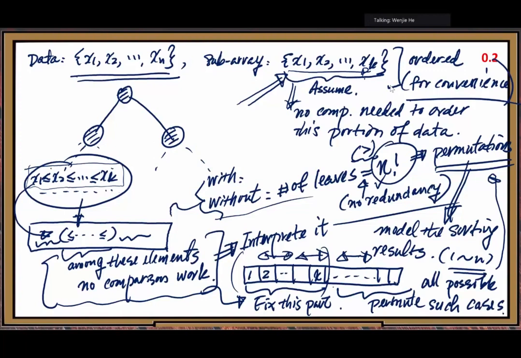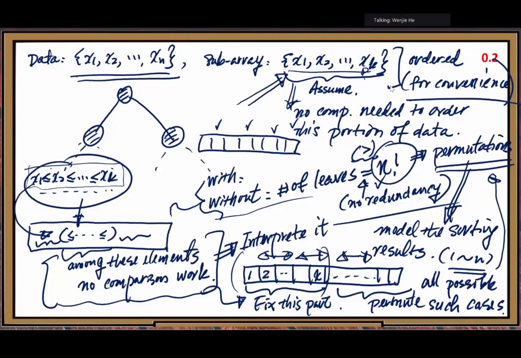These fixed elements can appear everywhere, not only in the first consecutive locations. First consecutive is just one of the cases. So there are n positions, and the selected fixed elements can appear in arbitrary k positions. That's all possible cases.